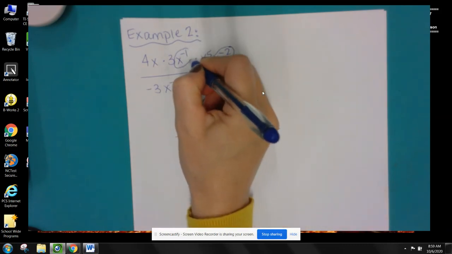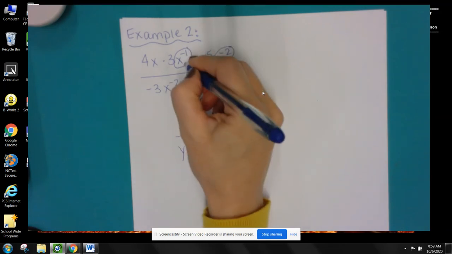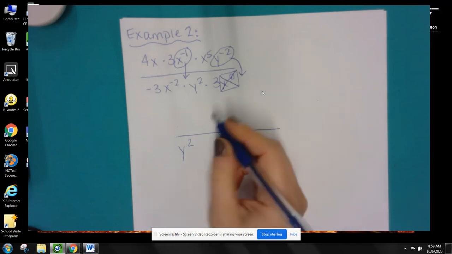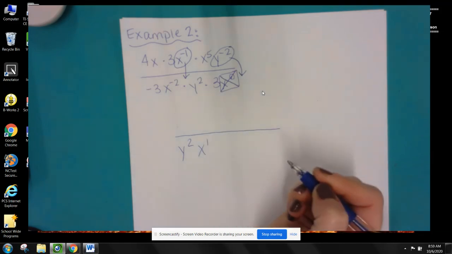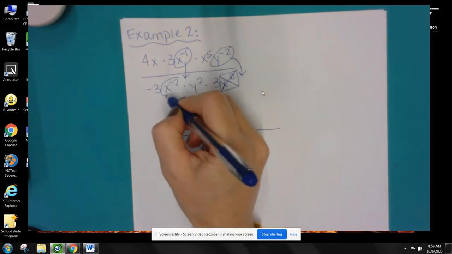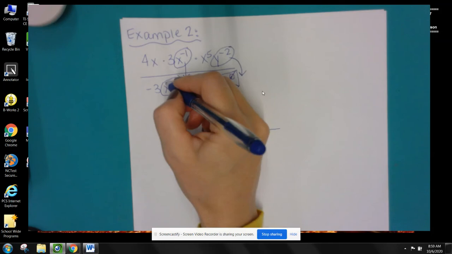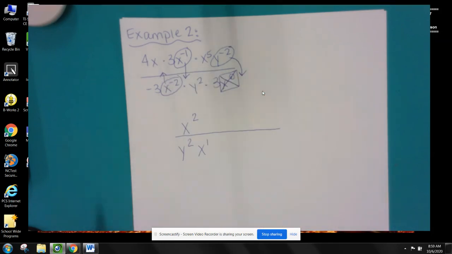This x is the only thing that this -1 exponent applies to. So that's going to go down to the bottom. And it'll be positive. I'm going to put the 1 there just so we remember. And this -2 only applies to this x. So I'm going to put that up to the top. All right.